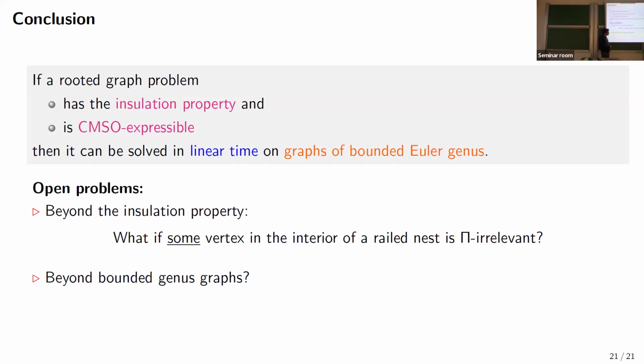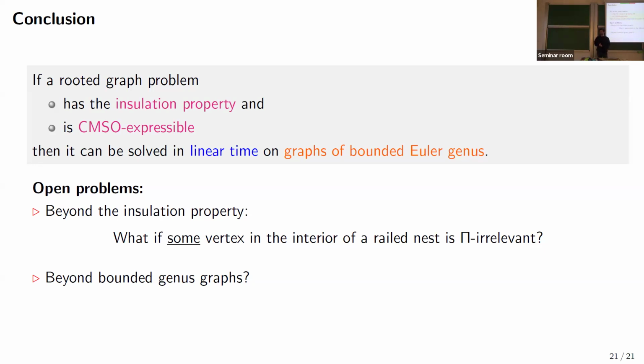So the next challenge is to apply this framework, to apply these decompositions, and not work with the insulation property, but with this kind of weaker insulation property. Do you have some natural example of a problem that satisfies this?